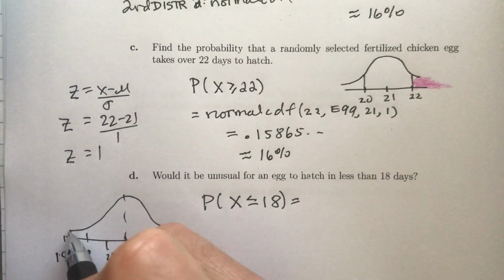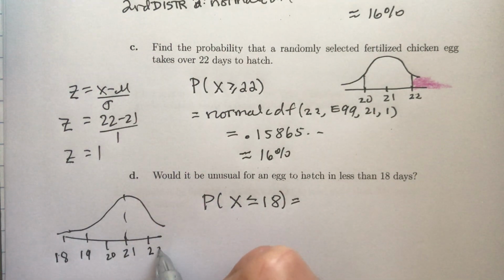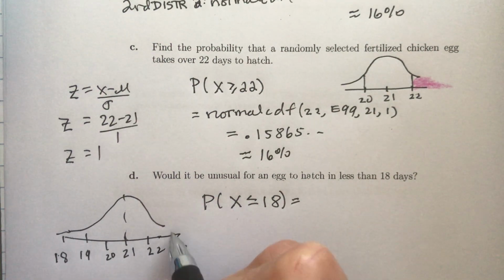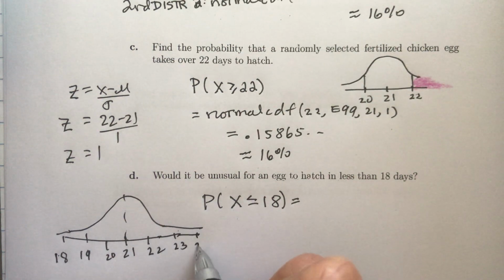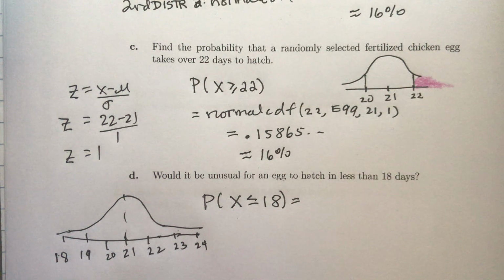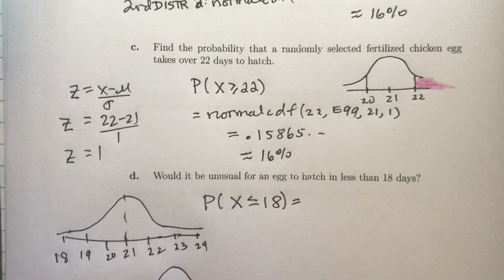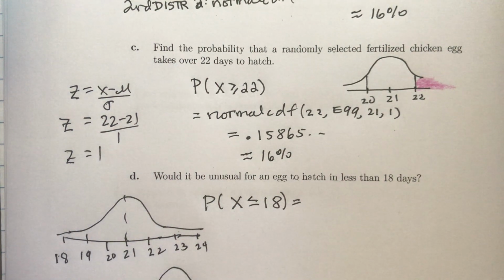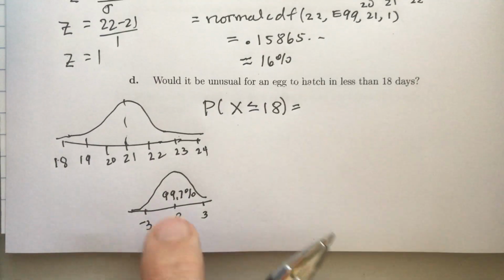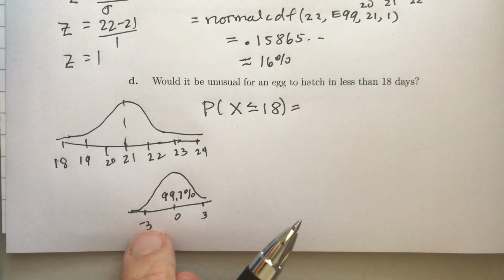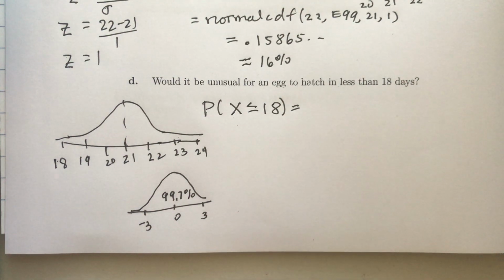Because these numbers are easy to work with, I can use the empirical rule, which says that between -3 and 3 standard units is 99.7%.